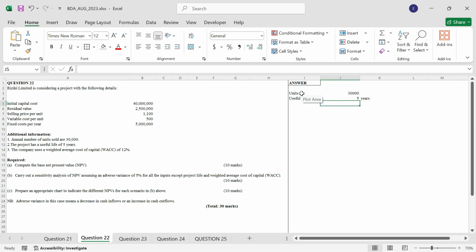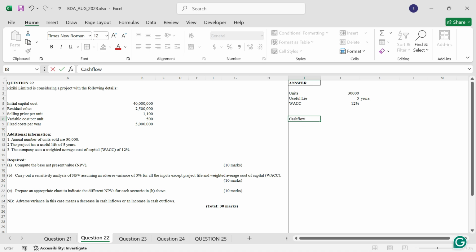Then the WACC being 12%. I can now build my cash flow. I'll begin with my years from 0 to 5.